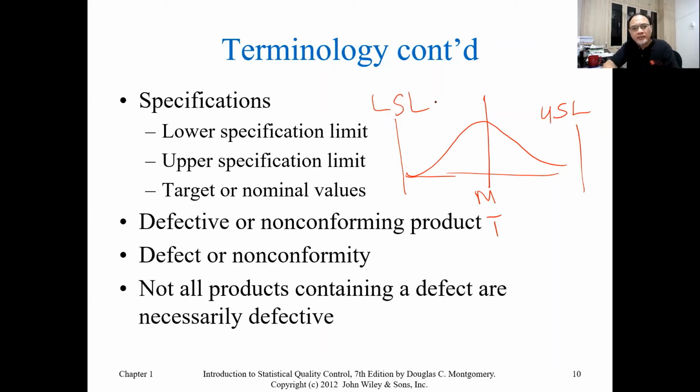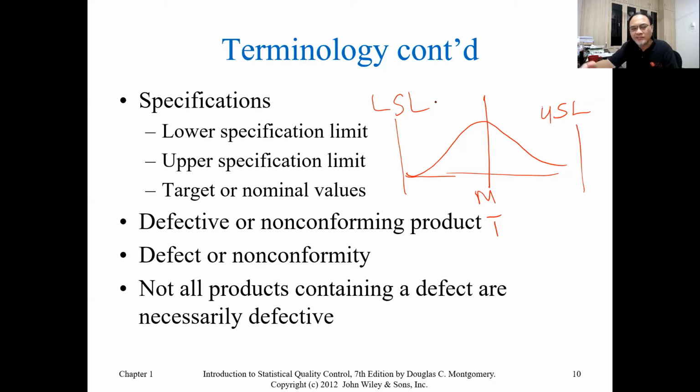And we need to understand the terminology of defective or non-conforming product, the term defect or non-conformity. For example, the screen of the computer screen has scratch. That scratch is a defect. But when you say defective, defective means, for example, the solid state drive is kaput. It's no more functioning.